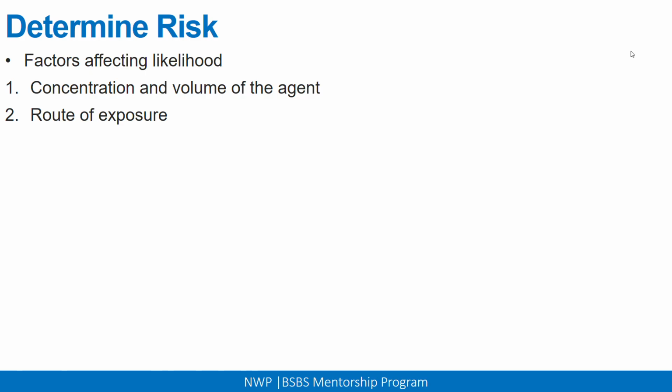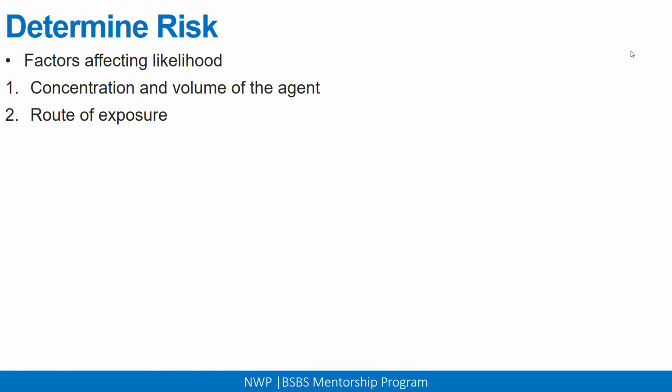Another explanation for routes of exposure is that if you can get exposed to a biological agent or get infection through different routes, it means the chances of you getting it increase. So if you can get it through inhalation, through percutaneous, and also through ingestion, the likelihood increases.